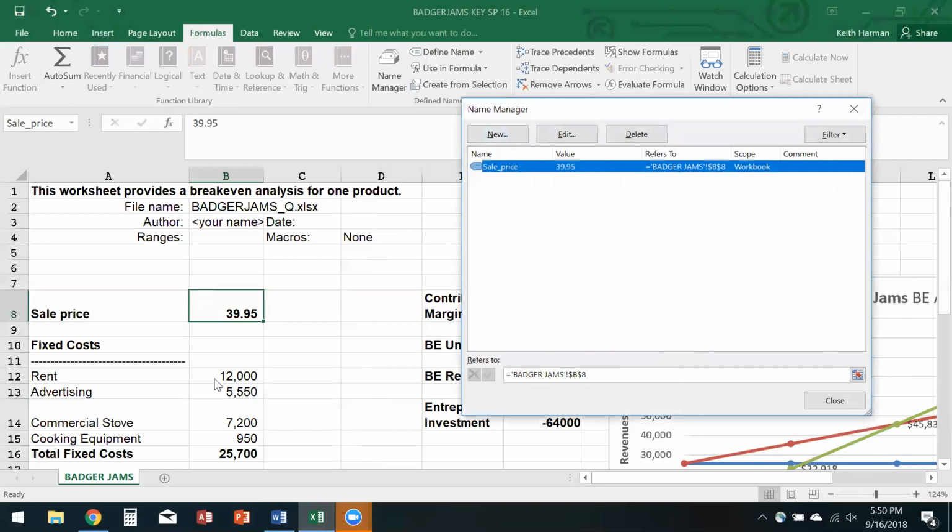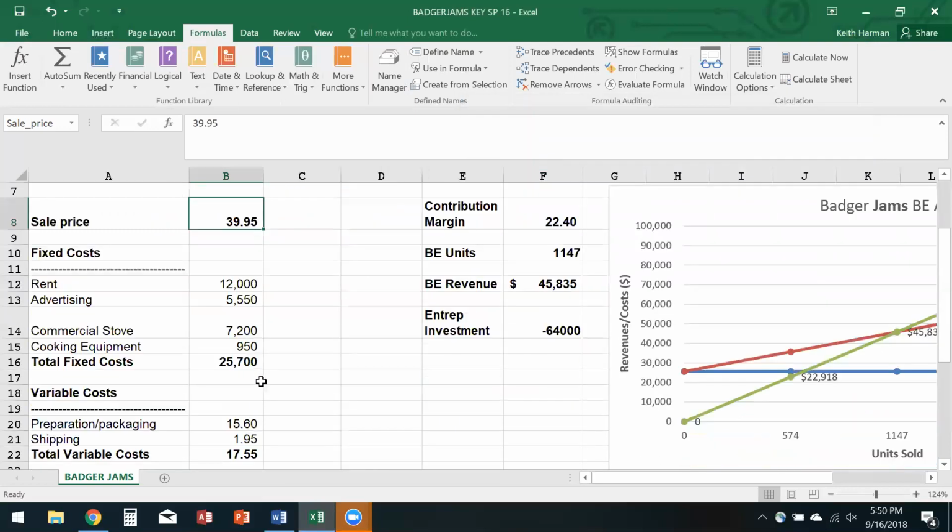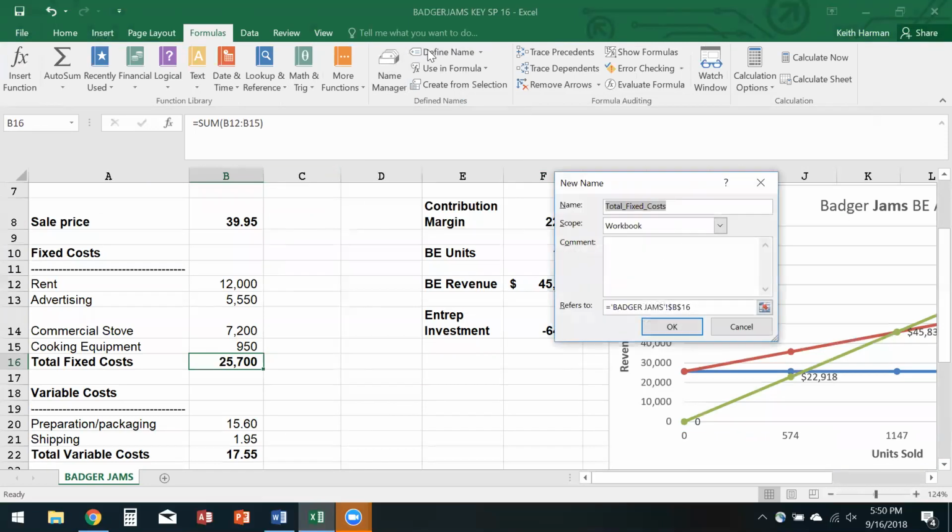And I want to get a new one. So I'm going to close this off, and I'm going to click total fixed costs. And see, notice how Excel is picking up that it's taking that name beside the cell.